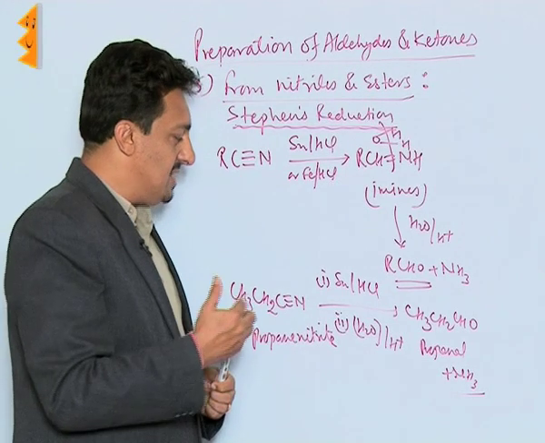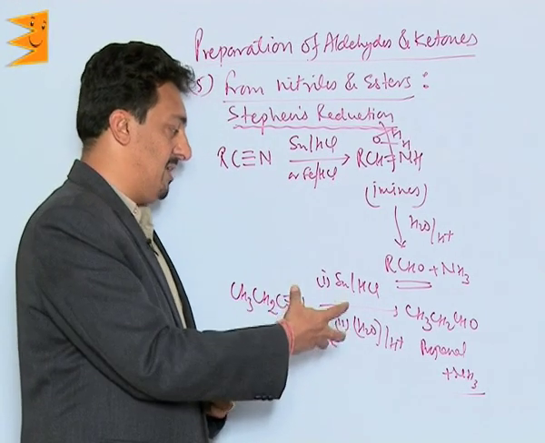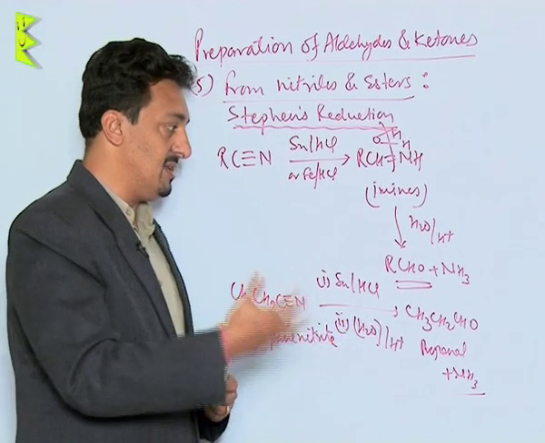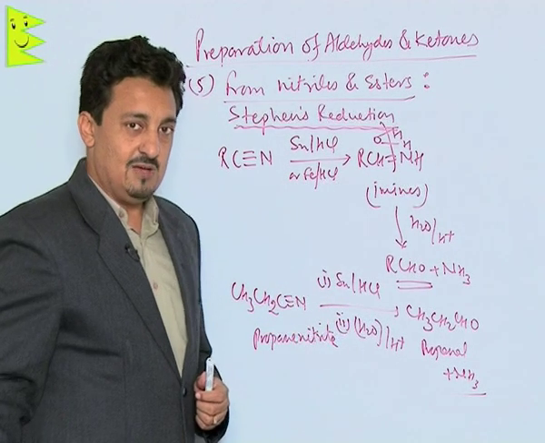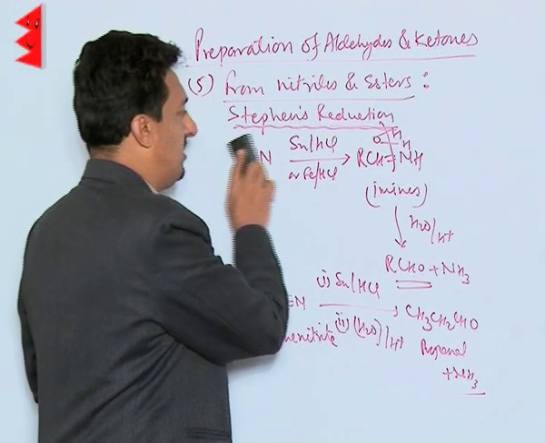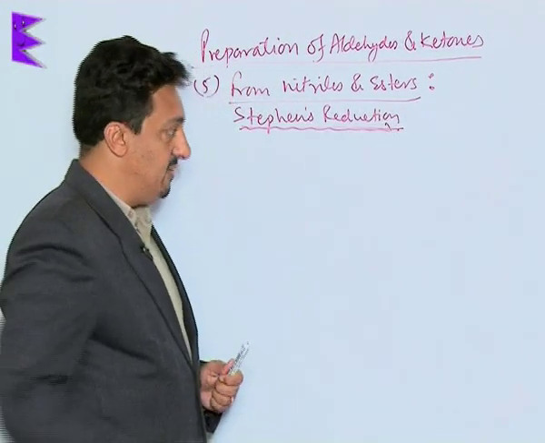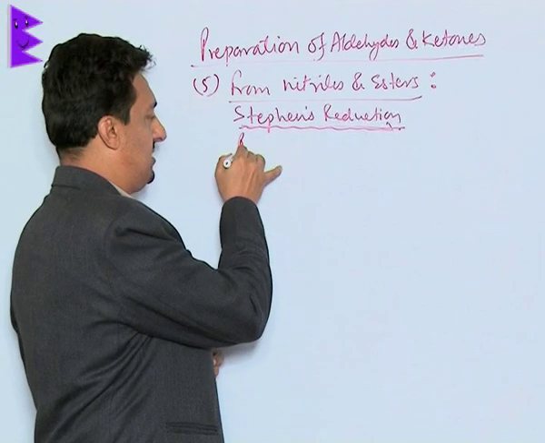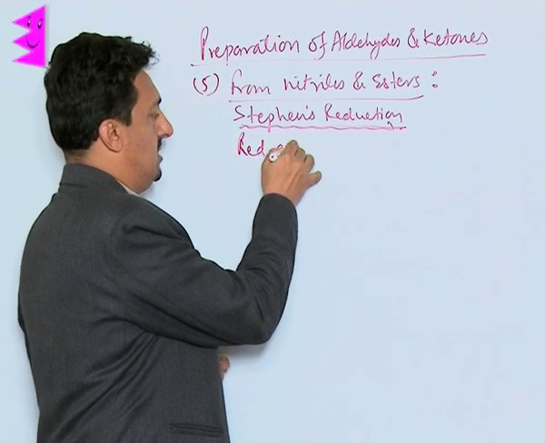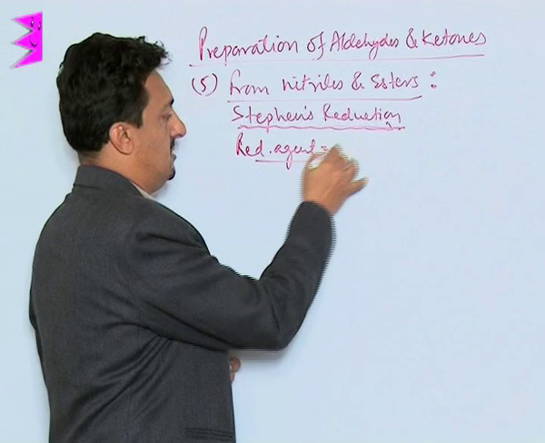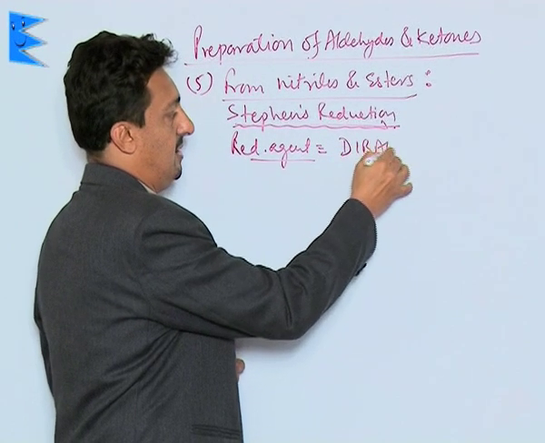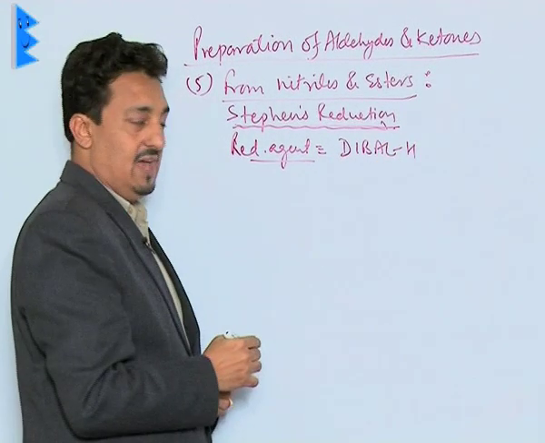Now, in place of using this acidic medium reduction with SnCl2/HCl or Fe/HCl, we have developed another very important reducing agent, which is called DIBAL-H. So we are using nowadays an alternate reducing agent, DIBAL-H. What is this DIBAL-H?